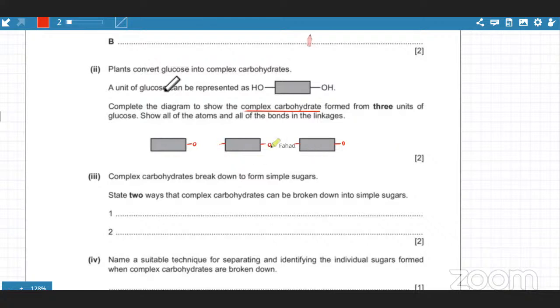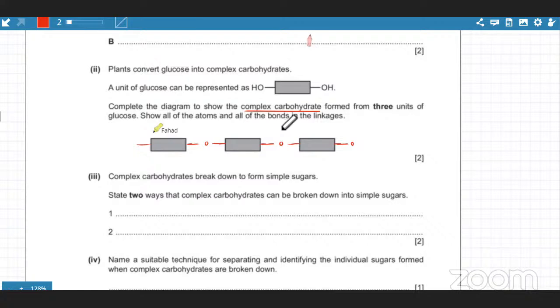That oxygen would act as a link between the two. So let's put those oxygen atoms in the middle and complete the links. That single oxygen is going to form a linkage. And we can add a continuation bond over here. So that is what a starch or complex carbohydrate molecule would look like.